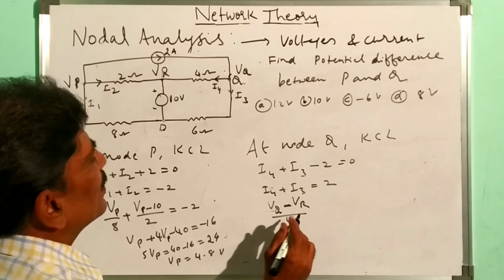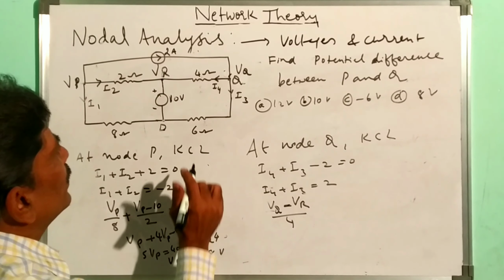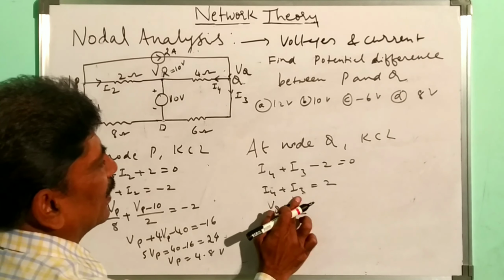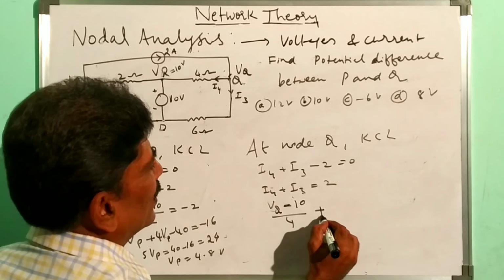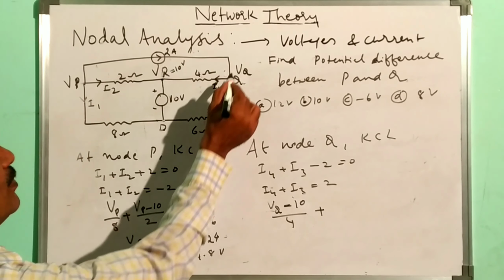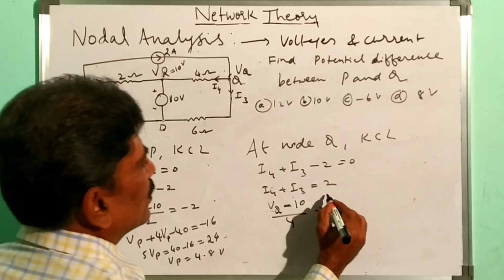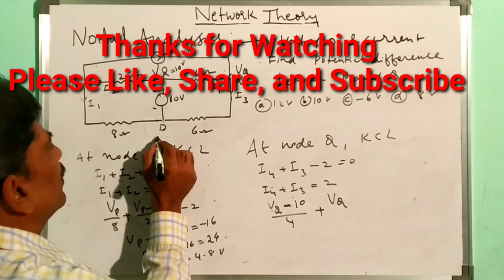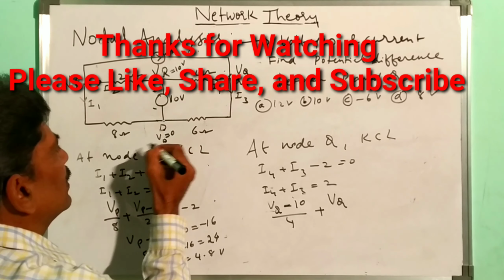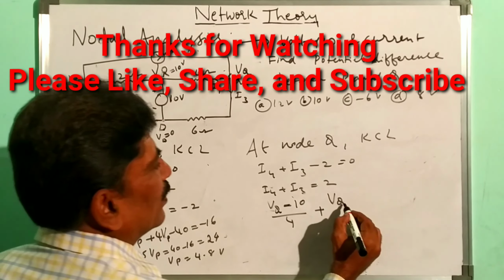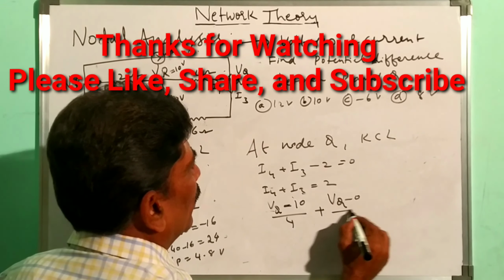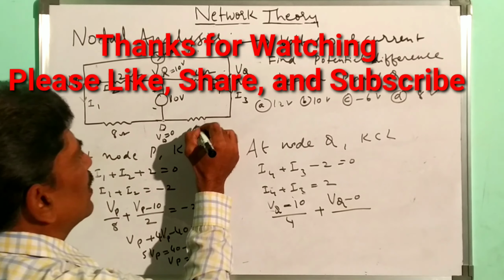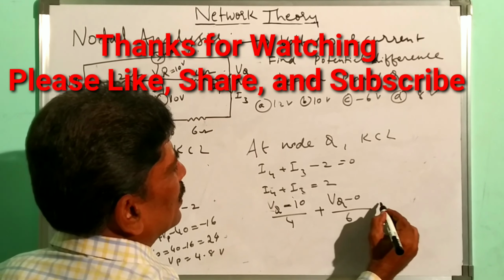But what is VR? VR is 10 volts. So I will write 10 here, plus what is I3? I3 is VQ minus VD by 6. VD is equal to 0 since it is the datum node. So VQ minus 0 by 6 ohms is equal to 2.